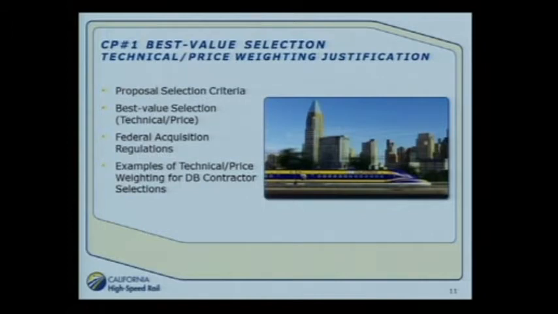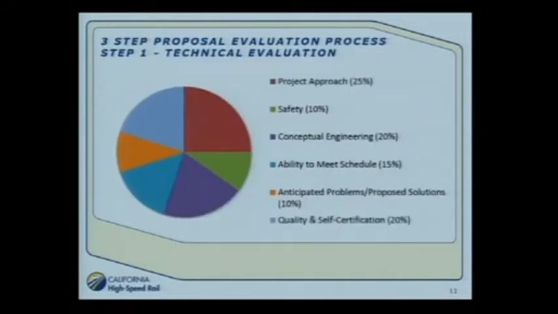So we looked to the federal acquisition regulations and followed those, and we looked at also examples of technical price weighting for design-build contractor selections for other types of projects throughout the United States. And so we settled on this approach.